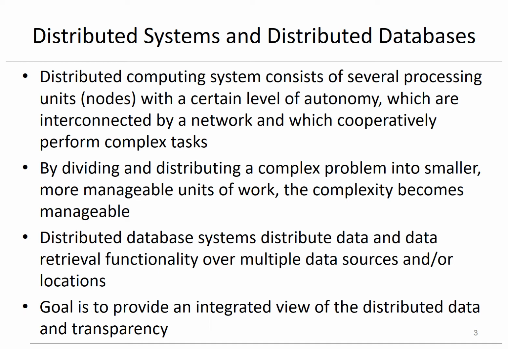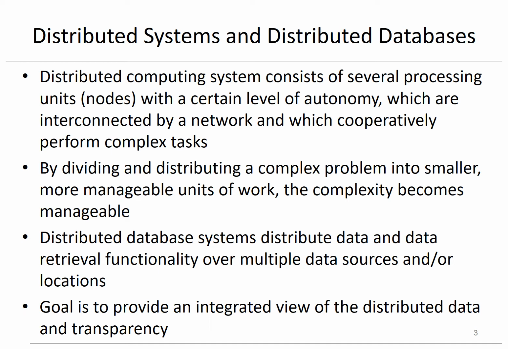Distribution of data and functionality often guarantees a certain measure of local autonomy and availability. Distributed database systems distribute data and data retrieval functionality over multiple data sources and/or locations. Part of the additional complexity is because most distributed database systems are designed to provide an integrated view of the distributed data.